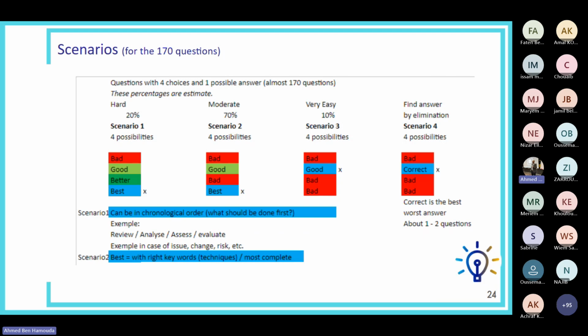We call them the very easy question, the moderate question, the hard question, and the bad question. Let me guide you through these four types of questions. Of course, we've come up with these scenarios based on the feedback from the people who took the exam, and also from our own observation, and even when studying the questions in the PMI study hall and other sources of mock exams.